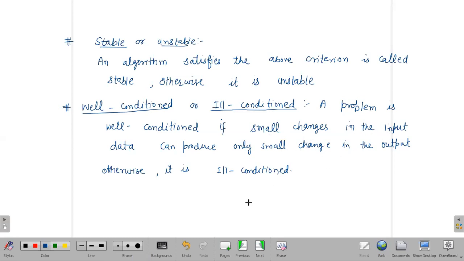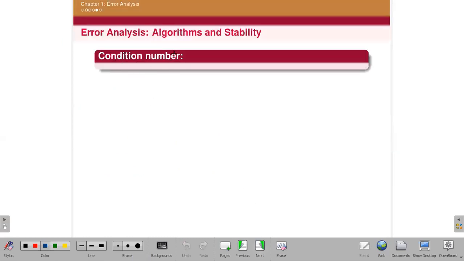So obviously we have one term here to find it directly, that is associated with that criteria only, that is the condition number. So by using the condition number, you will be able to find whether our algorithm is following that criteria or not. So that condition number will help you. So now what is the condition number here?